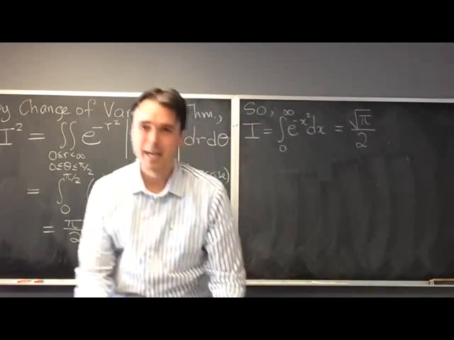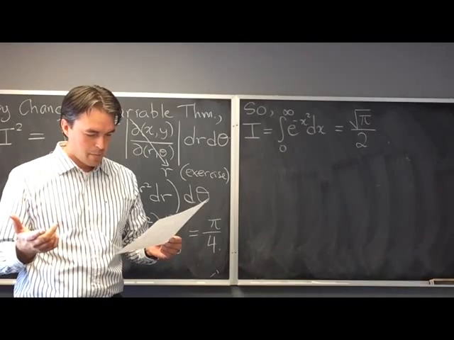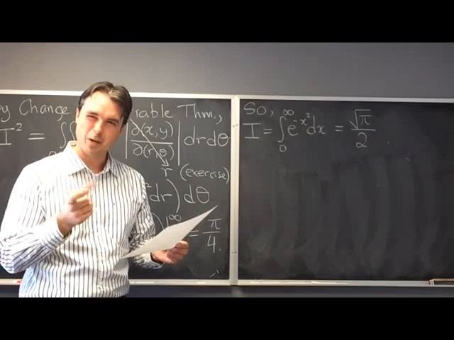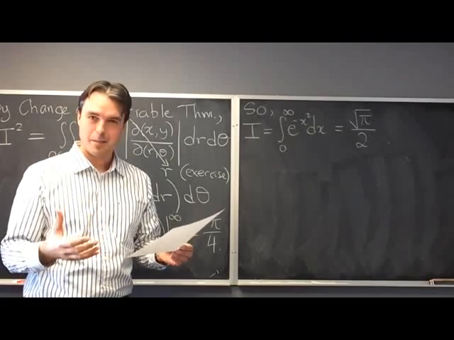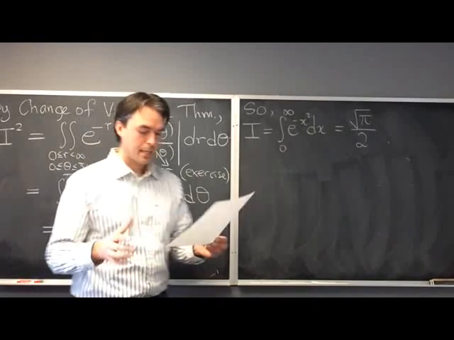Okay, so just a few comments about this one. I already mentioned the comment about it being improper, and when you interchange the order of integration, especially with improper integrals, you have to be really careful about convergence.